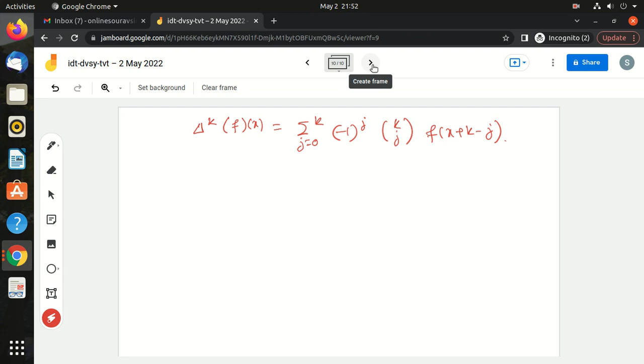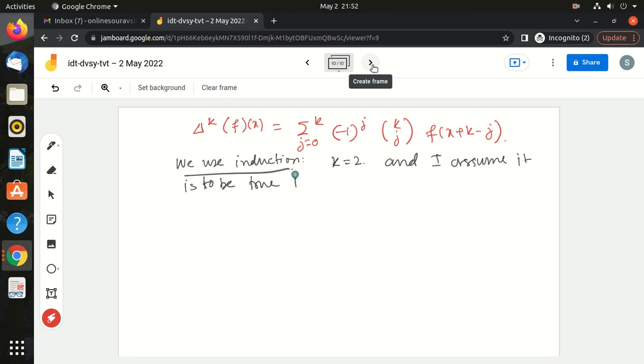Now you use induction. So I have proved the result for k equal to 2, and I assume it is true for k.